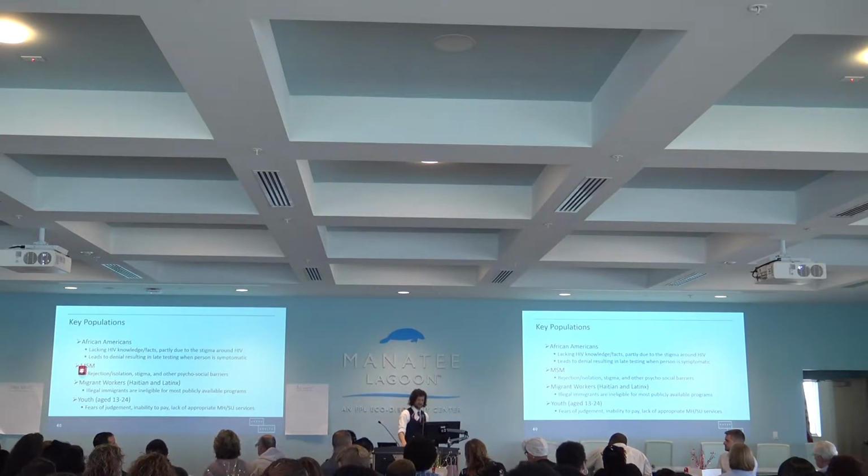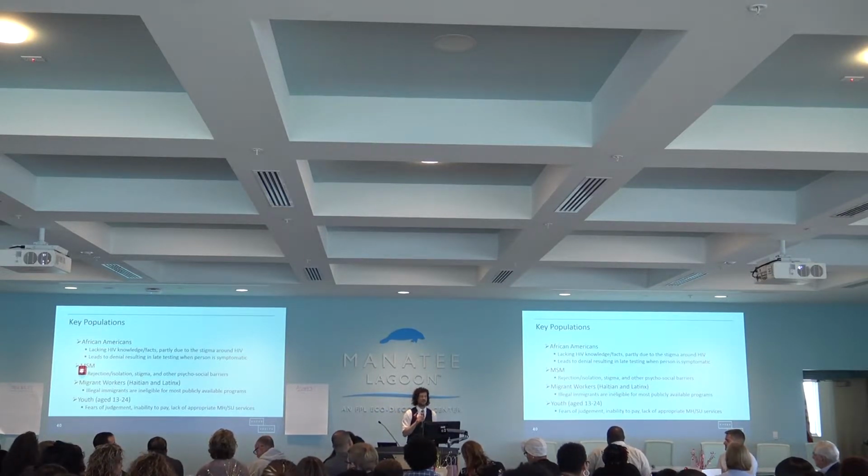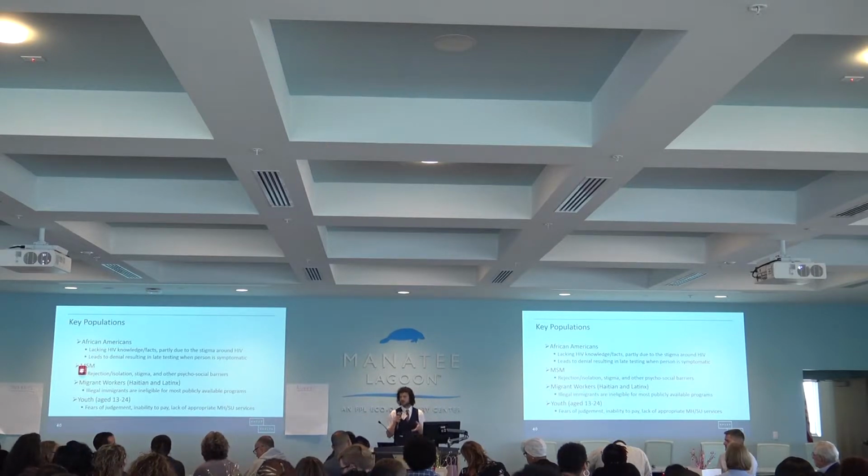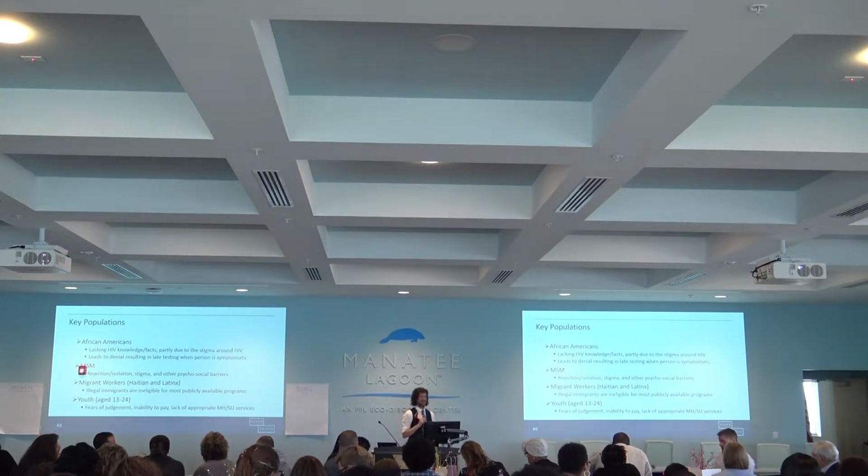This is heavy stuff. Youth, age 13 to 24: fears of judgment, inability to pay, lack of appropriate mental health and substance use services. So basically, what we see here is a service system that's designed to serve most of us, middle-aged people, maybe late young adults, young professionals.